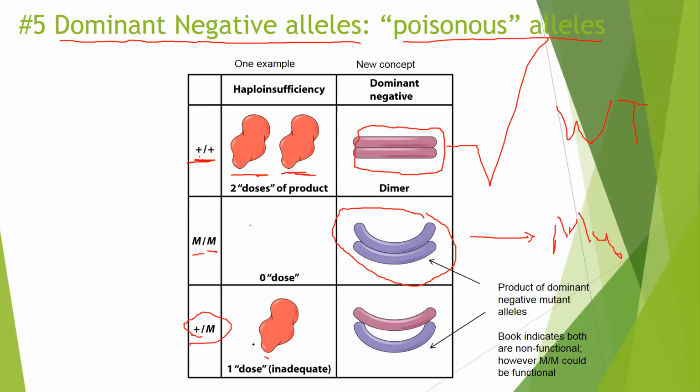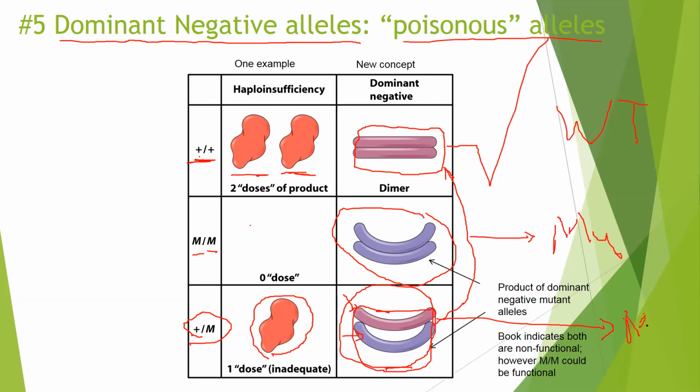In the heterozygous, you only have one dose of the functional protein, but you also have a non-functional protein. If the functional and non-functional come together, it cannot produce the functional dimer. So this one is also not functional. This will also give you the mutant type.